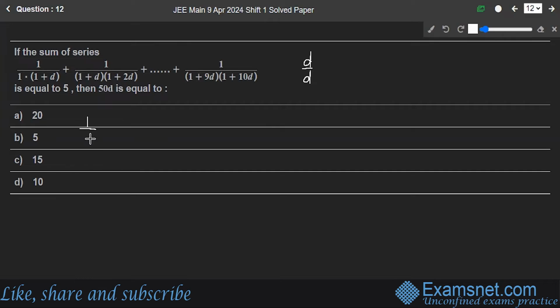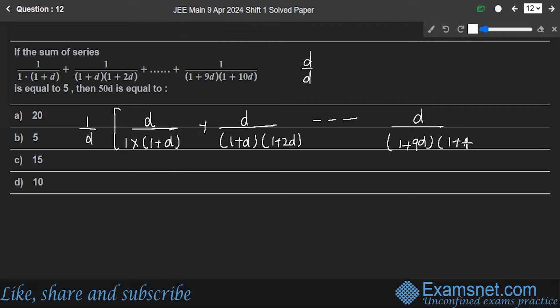So this will give me 1 by d outside. Here will be d upon 1 into 1 plus d, d upon 1 plus d into 1 plus 2d, and so on, d upon 1 plus 9d into 1 plus 10d. This is equal to 5.